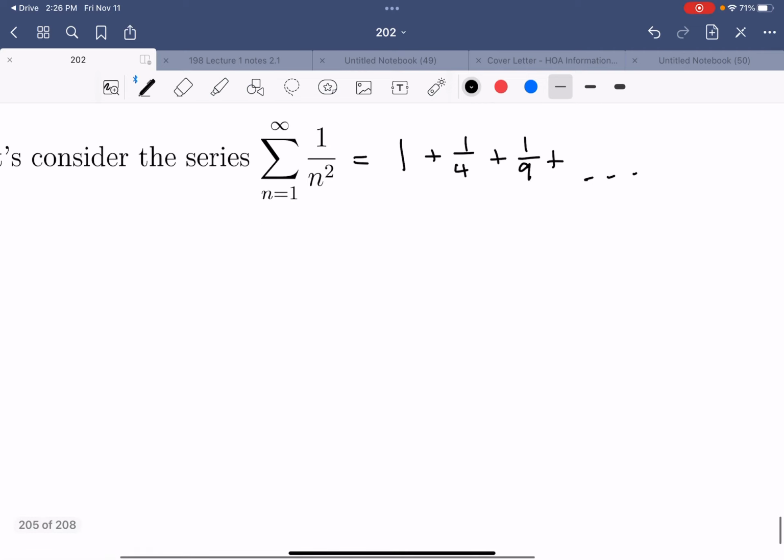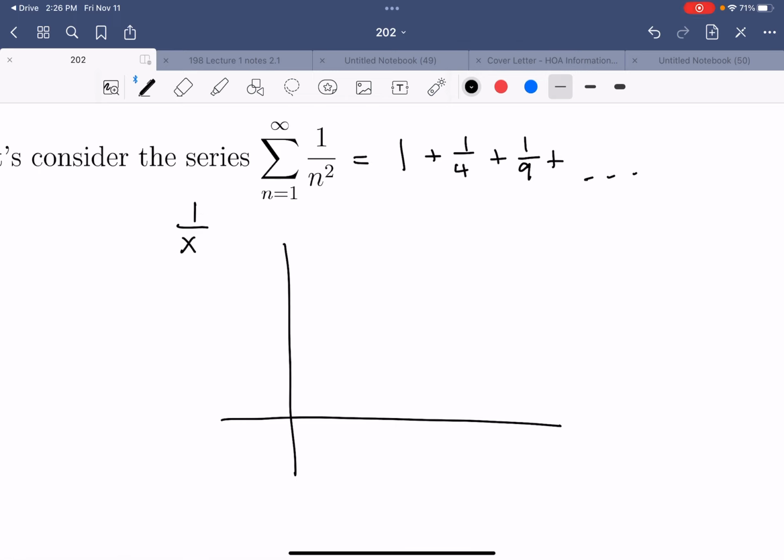Now, I want you to think about the graph. If we think about this as 1 over x squared, the graph of 1 over x squared looks like this, right? And let's think about it from x equals 1 to infinity, because that's what we're working with.